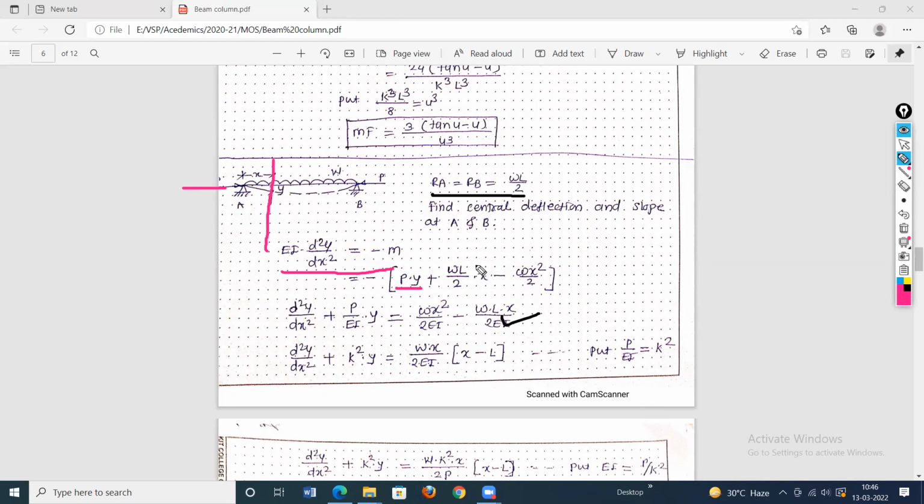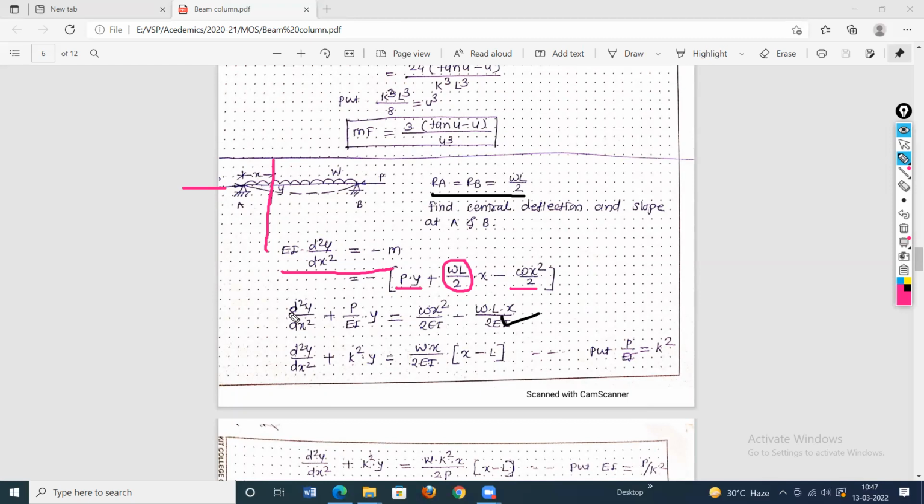Plus, because of the reaction, it is WL divided by 2 into x. This will be plus, and the anticlockwise one will be minus Wx into x by 2, that is Wx square by 2. So this will be the total bending moment.